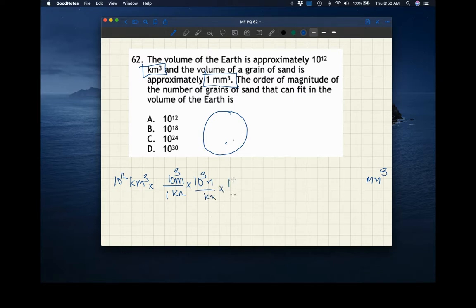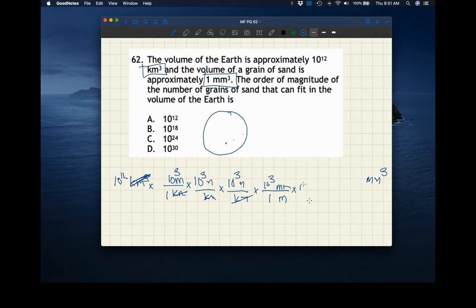And the third time, and so we see kilometers, kilometers, and kilometers. That takes away the kilometers cubed, leaving us meters cubed. And now it's time to go to millimeters. To get rid of the meters, we need the meters on the bottom, giving us millimeters on top. 1 meter is 10 to the third millimeters.